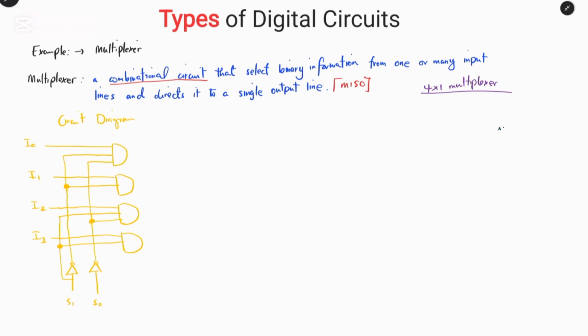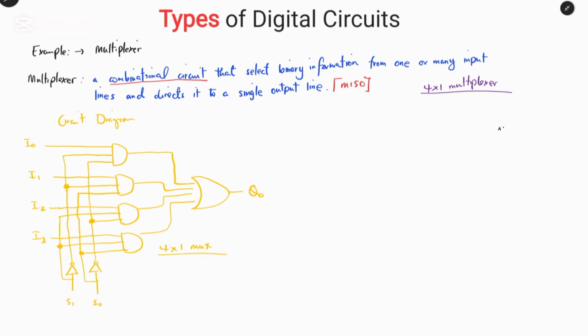This is another point of connection, and we should have this another point of connection. So all of this will be connected to the OR gate, which will now give us Q0. So this is our 4 by 1 multiplexer.